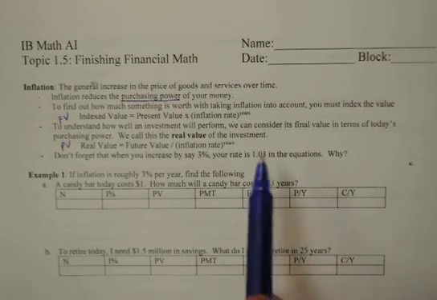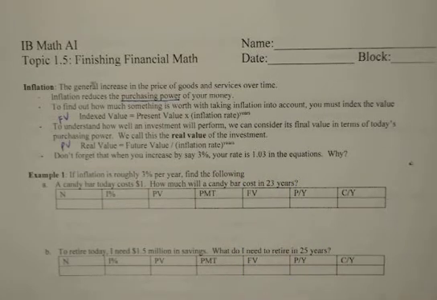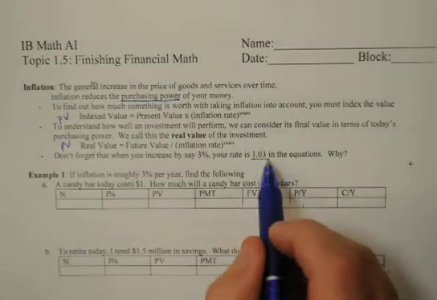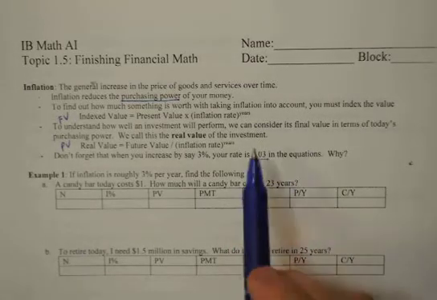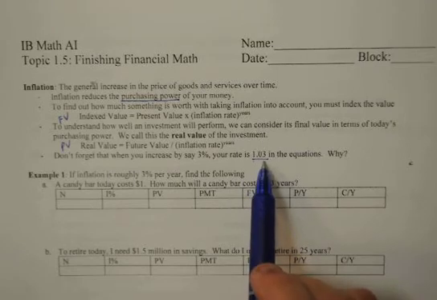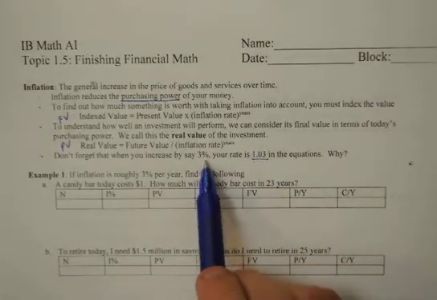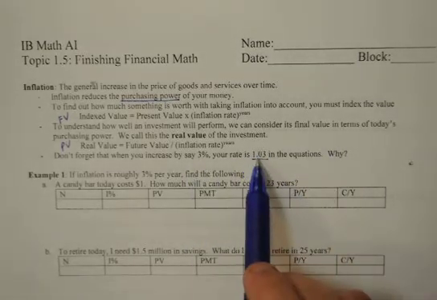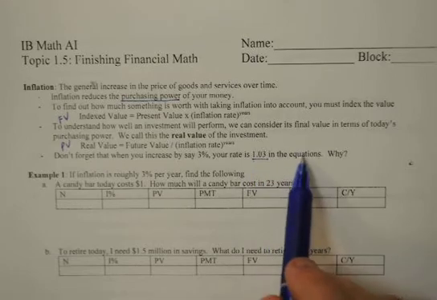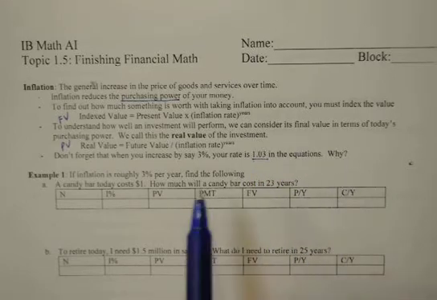To make it an inflation rate where you're increasing 3%, you need to multiply by 1.03, which means you take 100% of the previous year and then add another 3%, and then 100% of the next, and add another 3%, and then 100% plus 3%. So a 3% inflation rate is a rate of 1.03 in equations. Why? I just explained that.